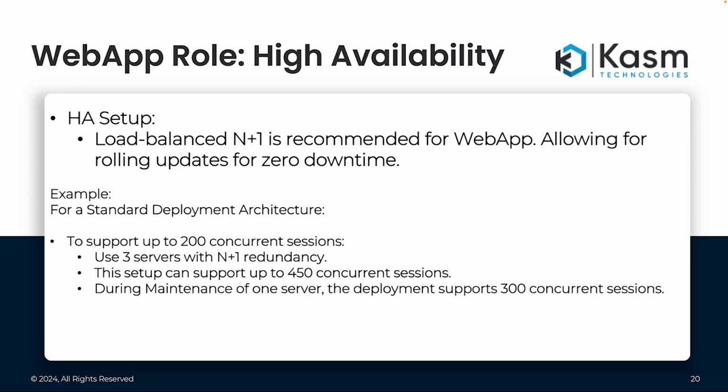In total, that could support 450 concurrent sessions with everything up. However, during maintenance periods or if there's an outage, that would drop you down to 300 sessions, but it would still handle what your peak workload would look like.